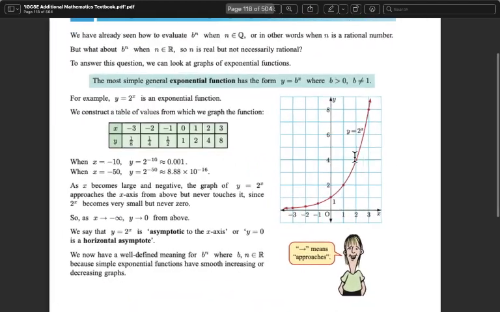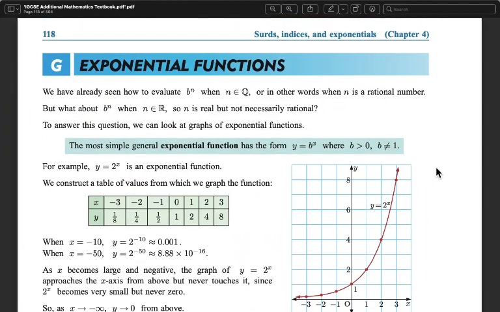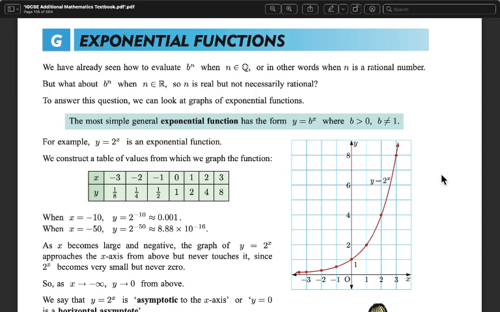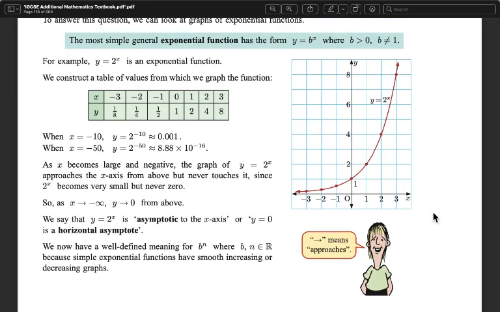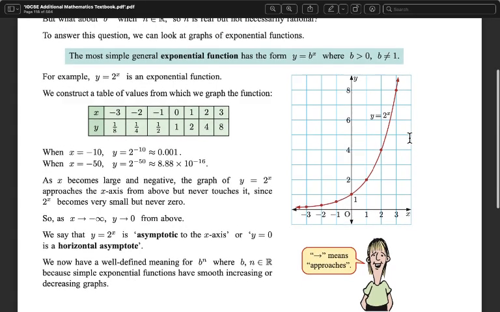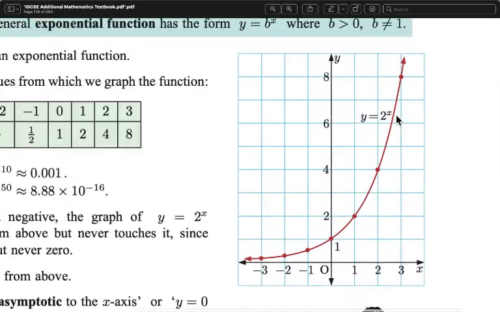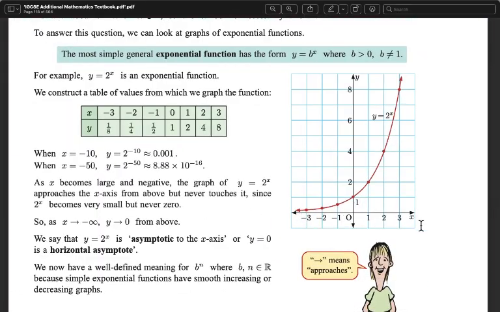At last, let's look at the exponential functions. So let's look at the general trend of exponential functions. For instance, looking at this one, 2 to the power of x, there's always going to be an asymptote, meaning the value will approach close to it but never touch.